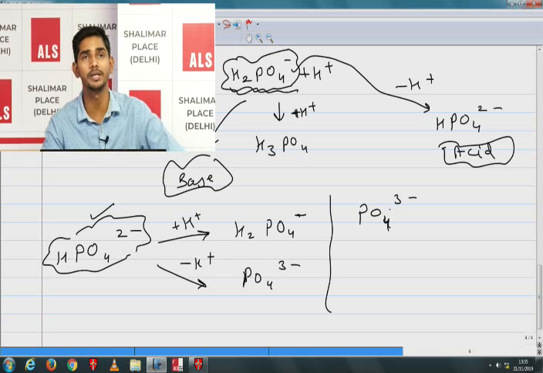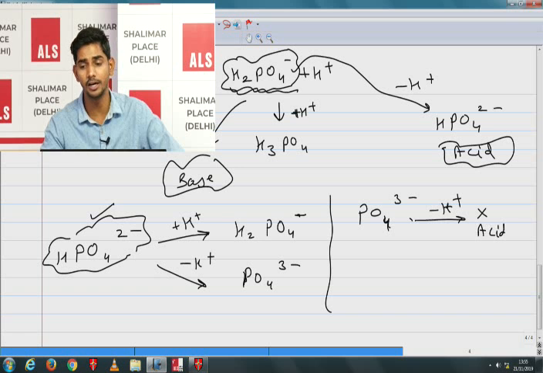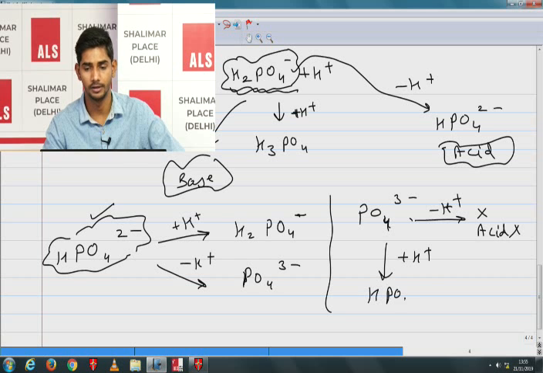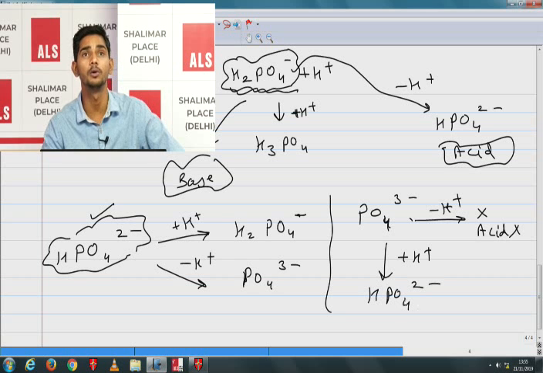But once this one is formed, I mean to say that, can you see any H plus over there in PO4 3 minus? Is there any H plus over there? No. If there is no H plus over there, it means that it cannot donate any H plus. So if it cannot donate any H plus, it can't behave as an acid. But yes, it can accept H plus, and after accepting, it will look like this one.